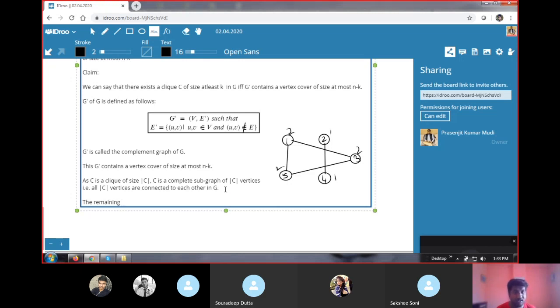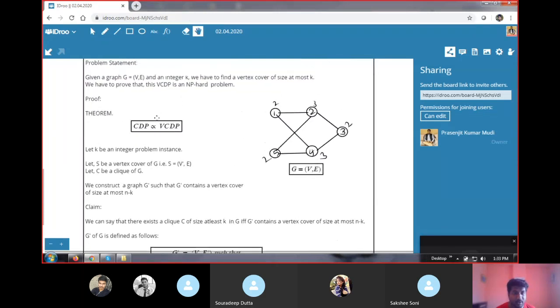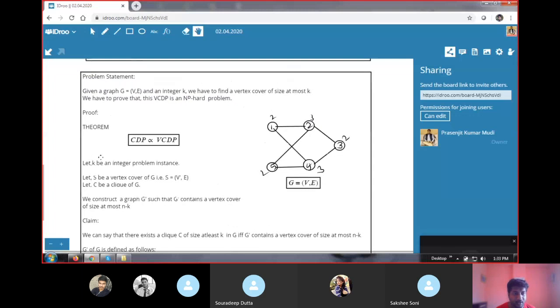total number of vertices is n. I just forgot to mention that n was used, but it is not mentioned anywhere. Here n minus k, where mod V is equal to n.